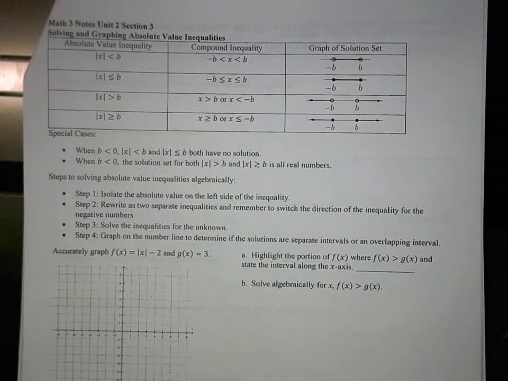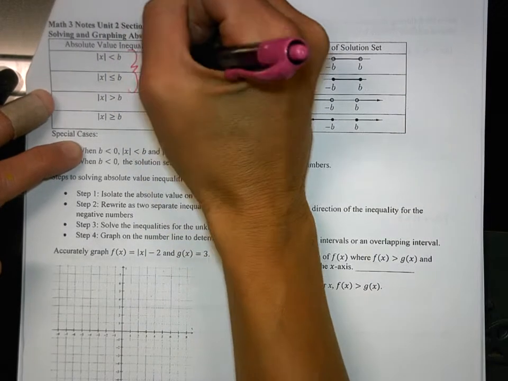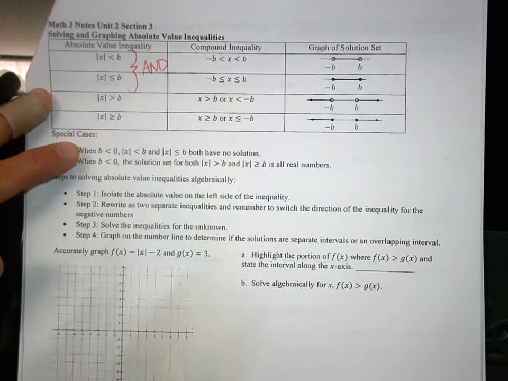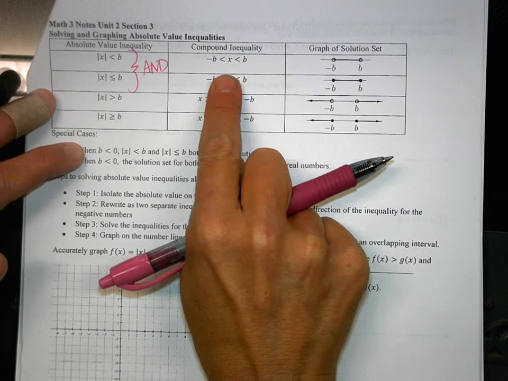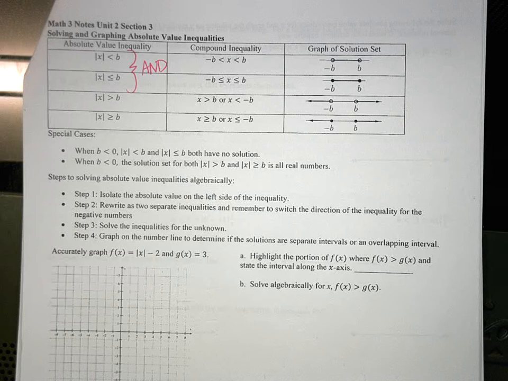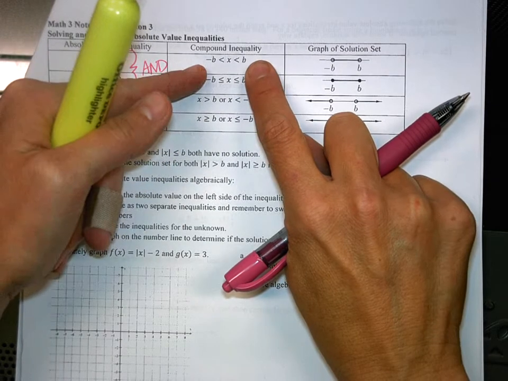Remember here that these are less than, or AND statements, and you end up with an equation that is one statement together, because it's talking about all the values between negative b and b.